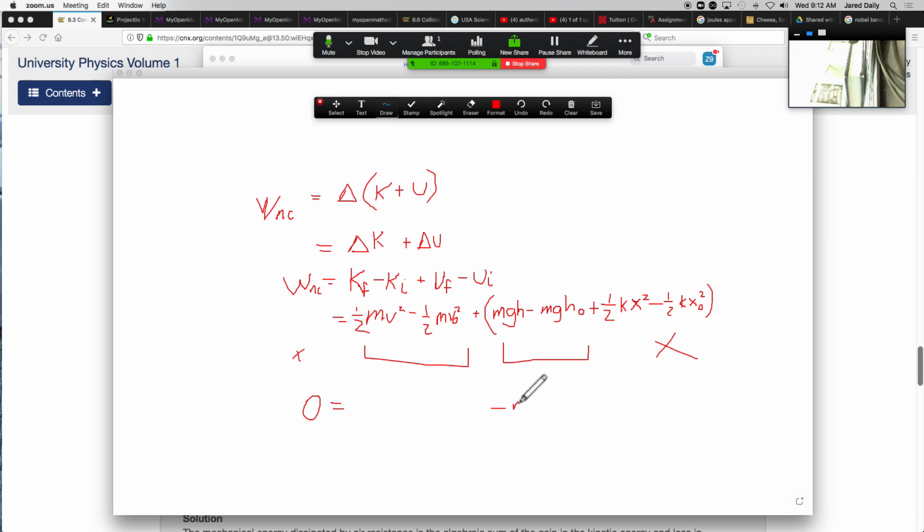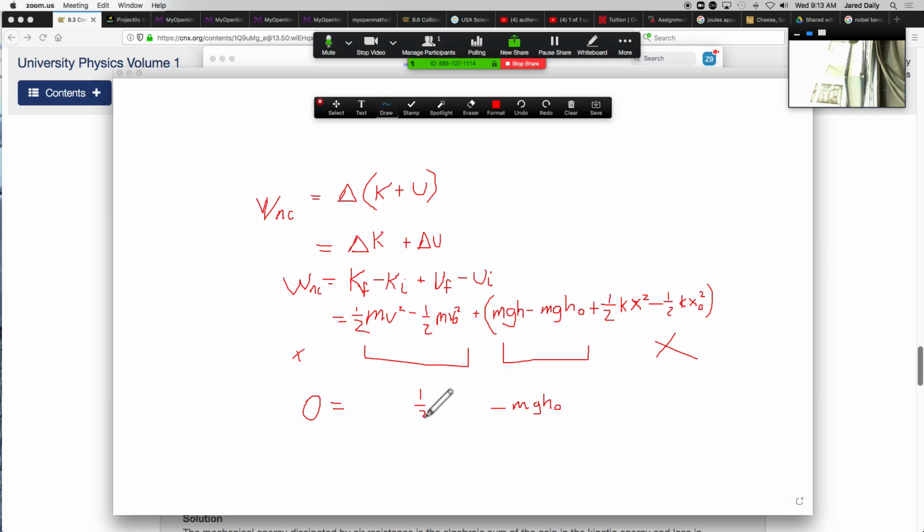We had a minus mgh naught, but our final potential energy had an h of 0, so this one goes away. And then we had a final kinetic energy, but no initial kinetic energy, because the initial velocity was 0.